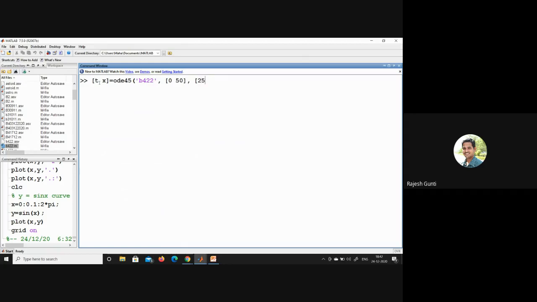What are the initial conditions? x1 of 0 is 25, x2 of 0 is 0. Now, what is t comma x? X contains two variables, x1 and x2.